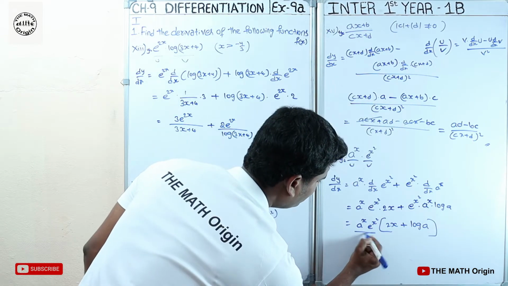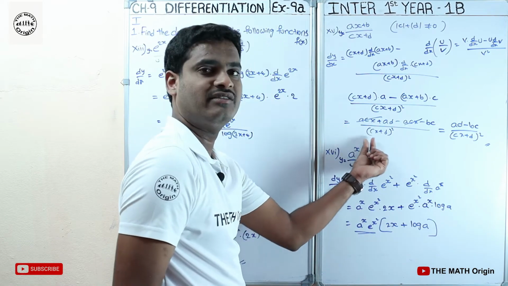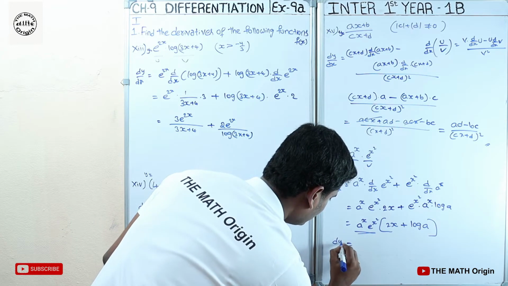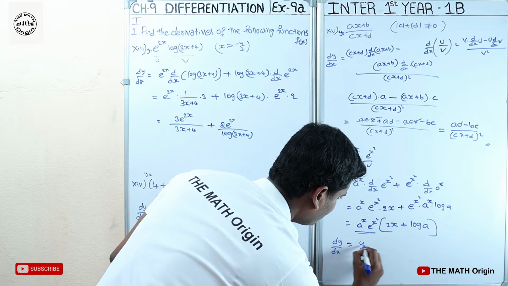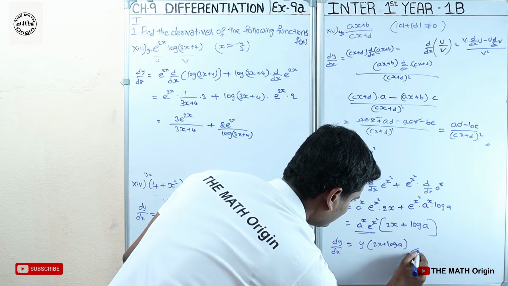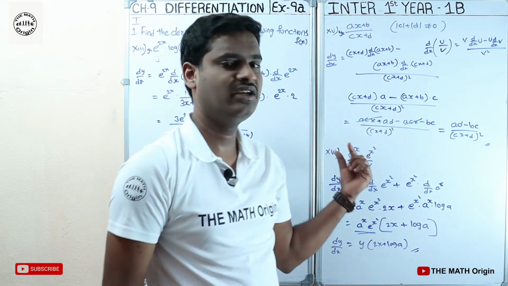So if you see, a power x e power x square is y. Therefore dy by dx is equals to y into 2x plus log a, is the derivative function for the given question.